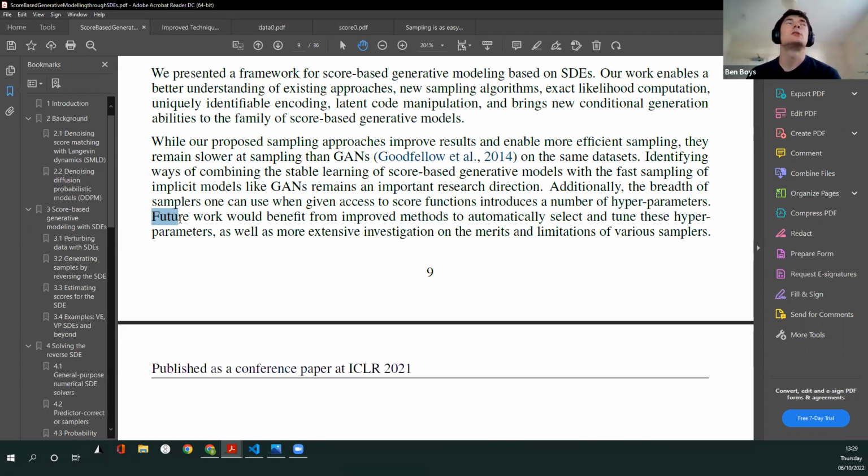The alpha at the time step of the dynamics. Yeah, so the number of time steps taken and the number of corrector steps. As well as more extensive investigation on the merits and limitations of various samplers. So I guess you could use different samplers for the corrector step. You could use different SDEs for the predictor step. The SDE used in this paper is the Ornstein-Uhlenbeck, because that's the simplest possible case. And the corrector used, I think they tried different ones in the study of the hyperparameter selection.